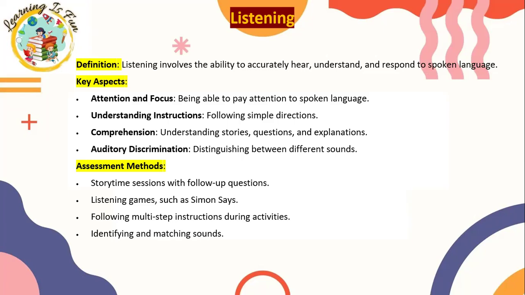And even the sounds also, the letters also. Because many of the sounds have the same letters, or many of the letters have similar sounds. All right, so they are working towards that also. They have to differentiate between those sounds also, and you can assess them with story time sessions. Tell them a story, read aloud a story to them, and then ask different questions regarding the story.